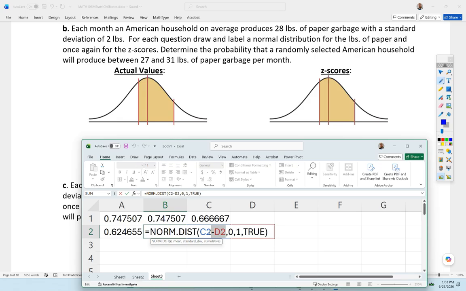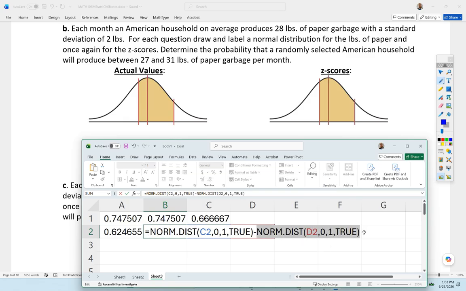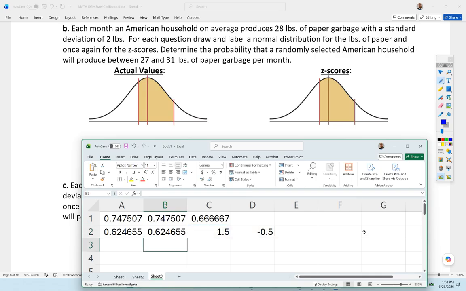Oh, that's not right. What am I doing? Minus. That was silly of me. Why did I subtract the values? That would just be giving you a different z-score. I know better than that. It's the area to one z-score minus the area to the other z-score. Okay, there we go. I don't know why I did that. A brain blip there for a second.